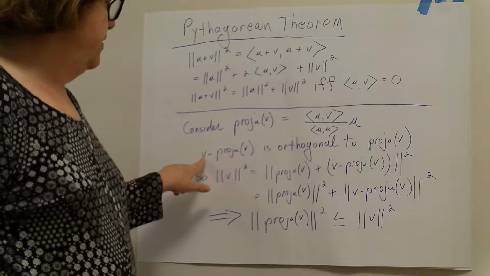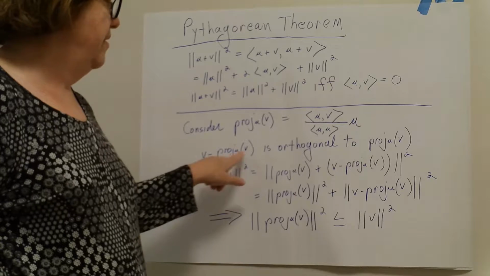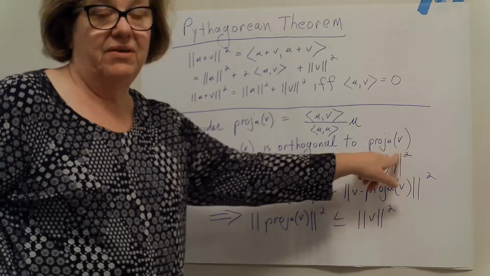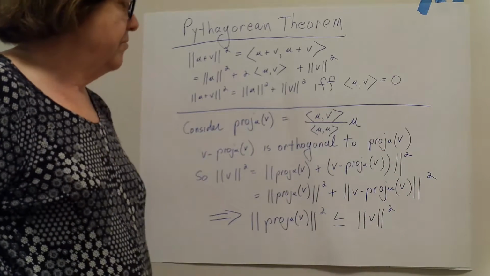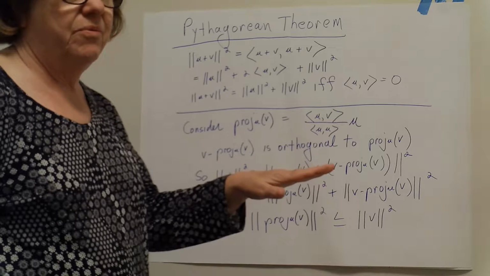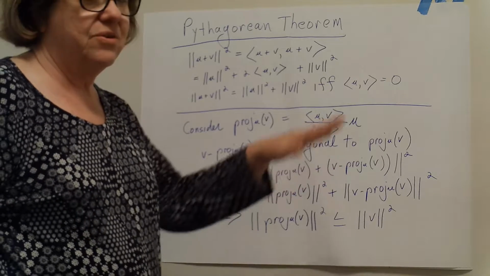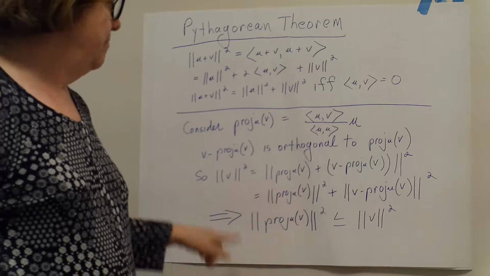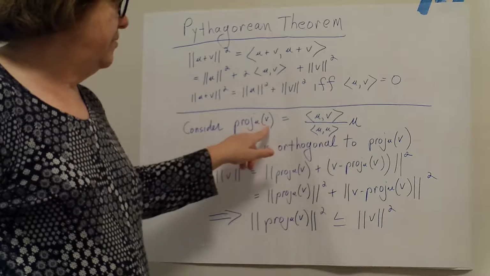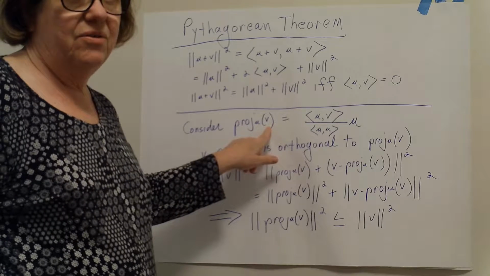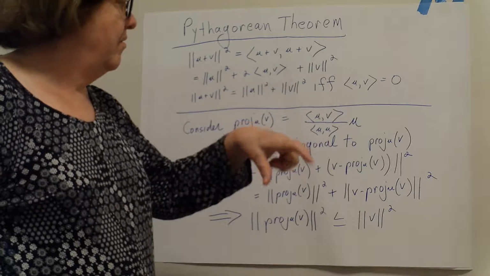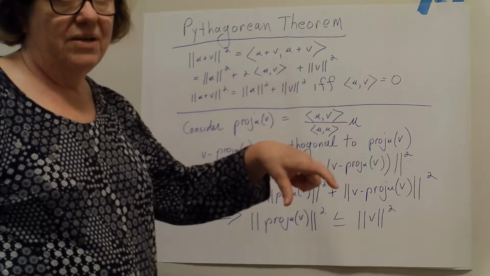And remember too that v minus the projection of v onto u is orthogonal to the projection of v onto u. So remember, when we were in the world of vector arrows, we said the projection of v onto u is the component of v in the direction of u.